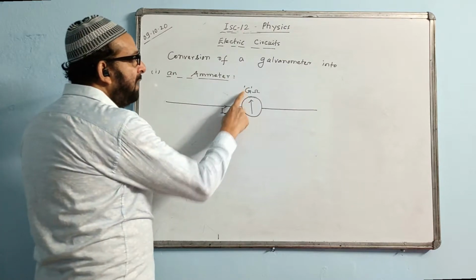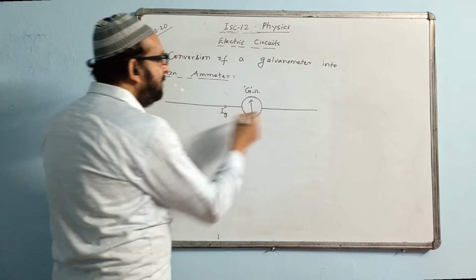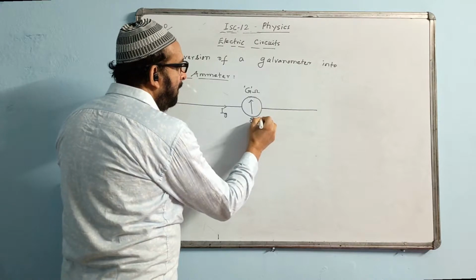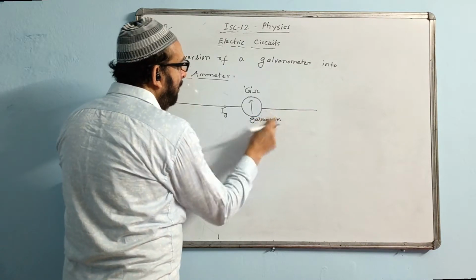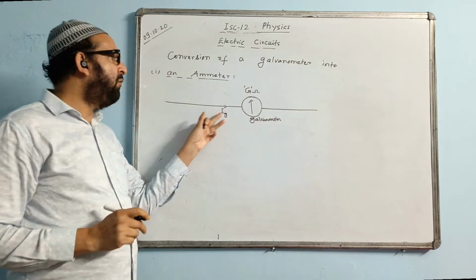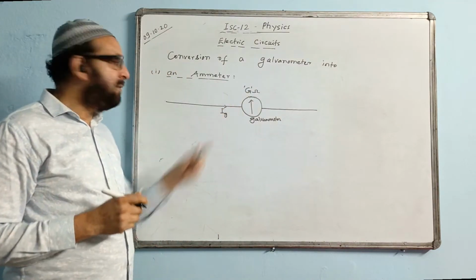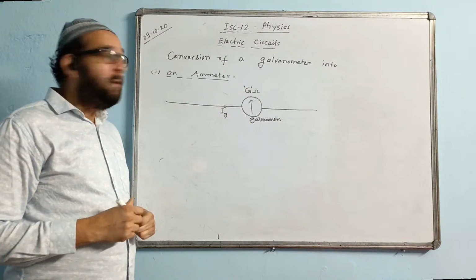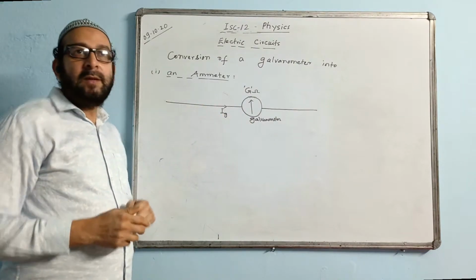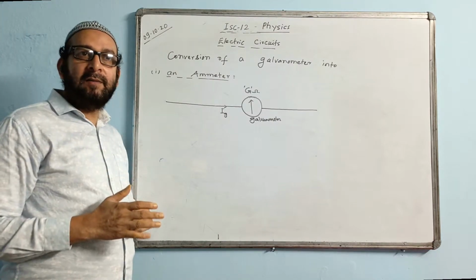Now we want to change this galvanometer. This is galvanometer of resistance G ohm, which can give full steady deflection with the current Ig. This current passing through the galvanometer is Ig. You want to change it to an ammeter now. So ammeter is what kind of device?